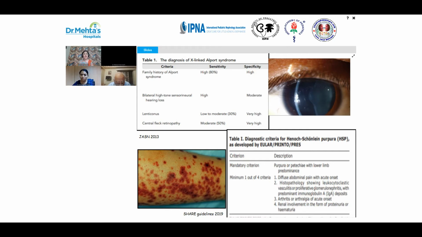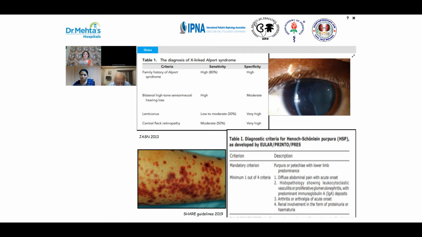Similarly, in IgA vasculitis, these diagnostic criteria have already been spoken about by Professor Hanif, but the presence of purpura or petechiae has extremely high sensitivity and specificity for Henoch-Schönlein purpura and nephritis, and forms the most important mandatory criterion for diagnosis.